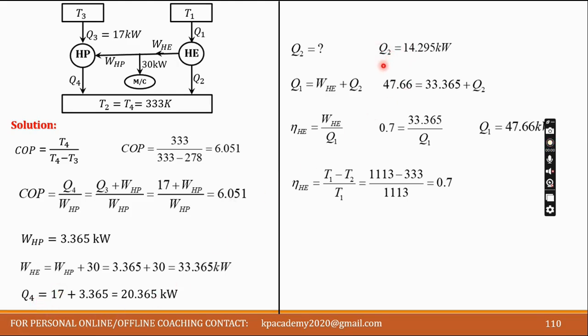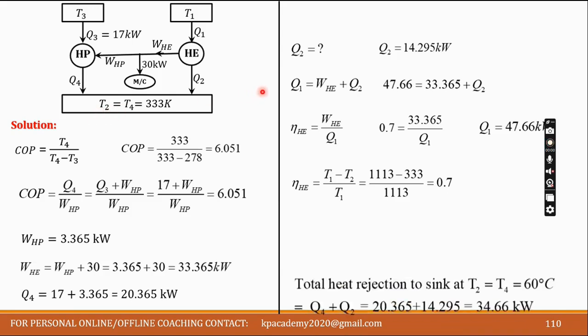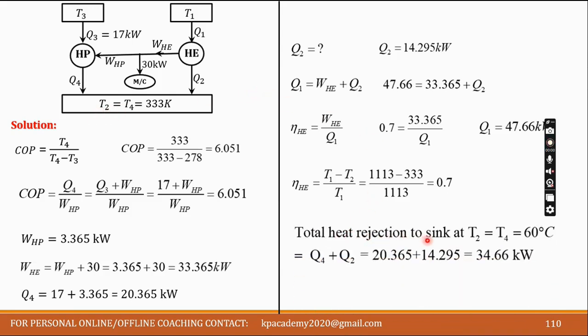That means we can easily find out now how much heat is rejected to the sink, right? What is that? The total heat rejection to the sink at temperature 60 degrees Celsius is equal to Q4 plus Q2. The Q2 value is 14.295 and the Q4 value is 20.365.